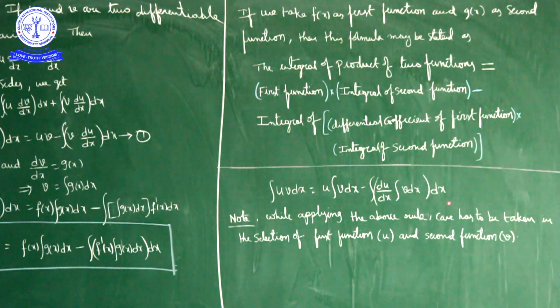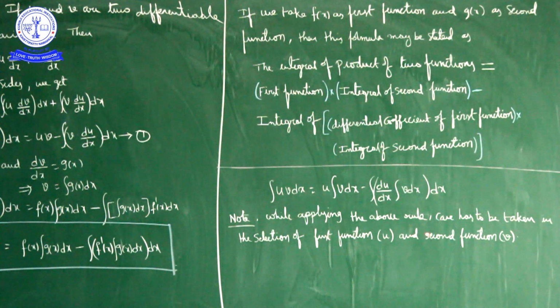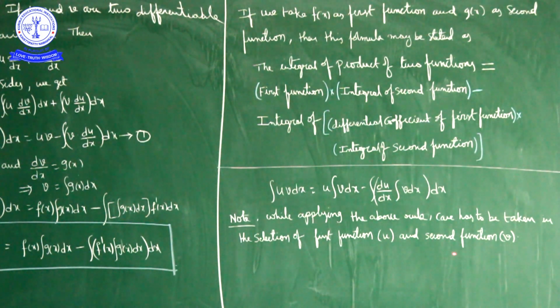Okay. Now here, while applying this formula, we have to take care of what we select as first function and what we select as second function. While applying the above rule, care has to be taken in selection of first function and second function. Okay, so I'll repeat the formula once again.